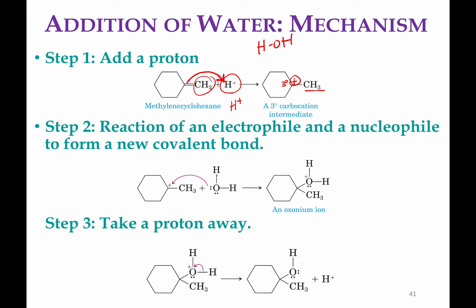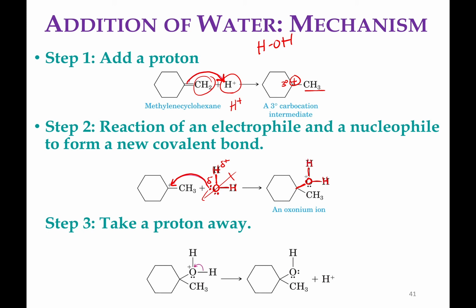Now we have our water that's in solution as well. So water is here. Water has these partial negatives here for those electrons, and it has a partial positive on the hydrogen. If you remember, that's a dipole. And those electrons are going to be attracted to that carbocation. So now we're going to form a bond here between the oxygen, and the hydrogens are still there.